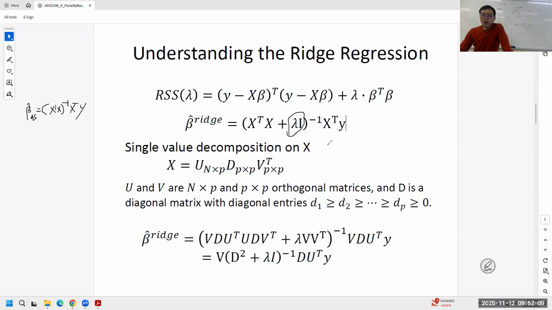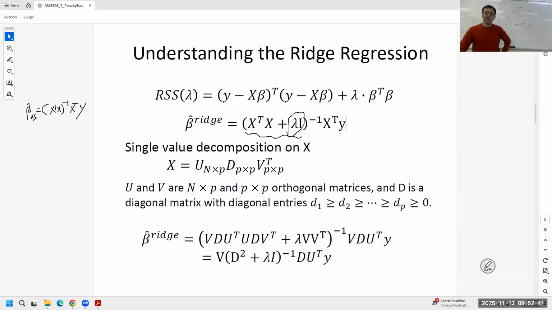This extra term, x transpose x plus lambda I, makes the matrix become non-singular. If some columns of x are correlated, that is collinear, then x transpose x could be singular, and therefore taking the inverse gives an ill-conditioned problem.